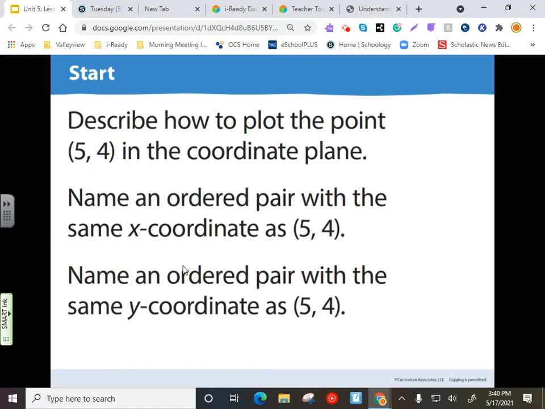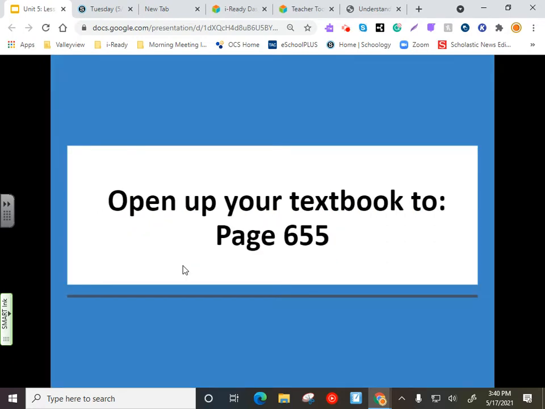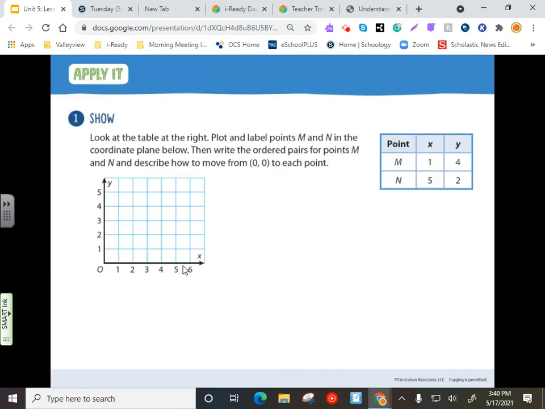It's going to be on page 655. And it starts off with this. We've got our table over to the right. And one thing that's going to be helpful when you're using a table like this is go ahead and circle those ordered pairs. So we've got 1 and 4 and 5 and 2. So we're looking at point M, which is 1, 4.